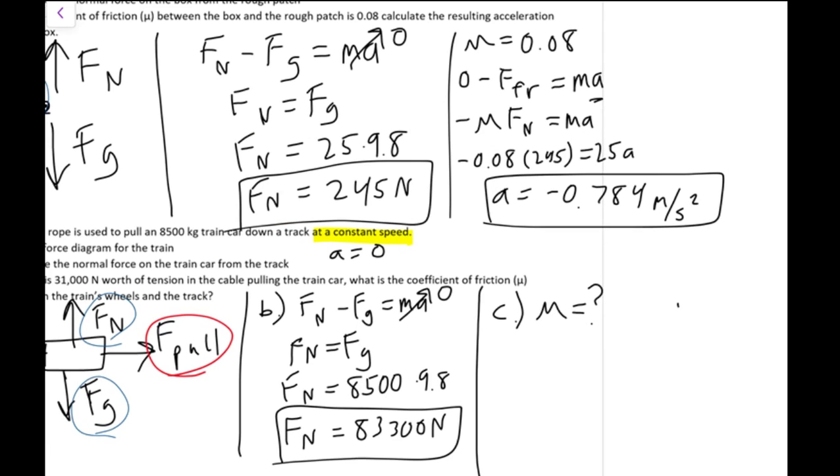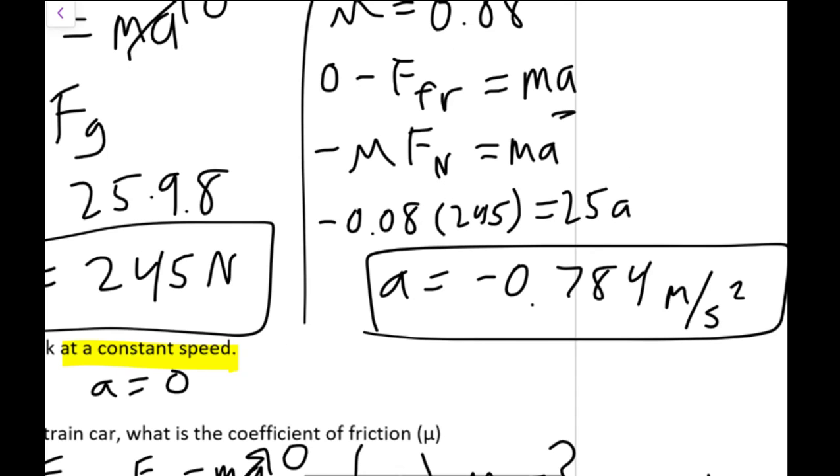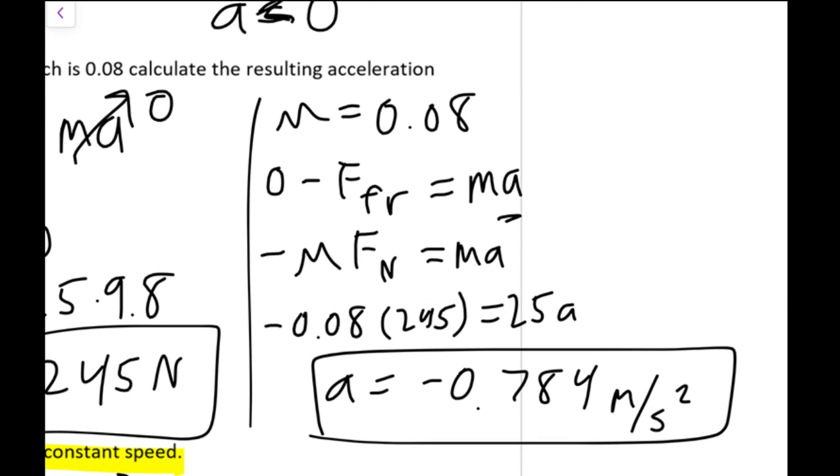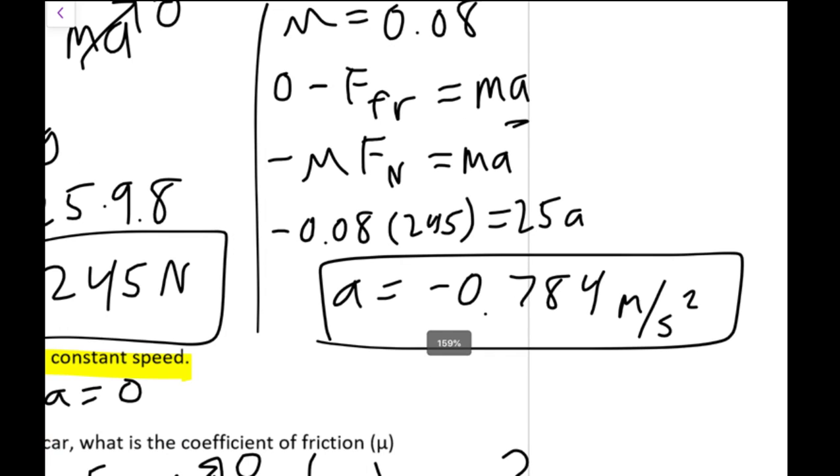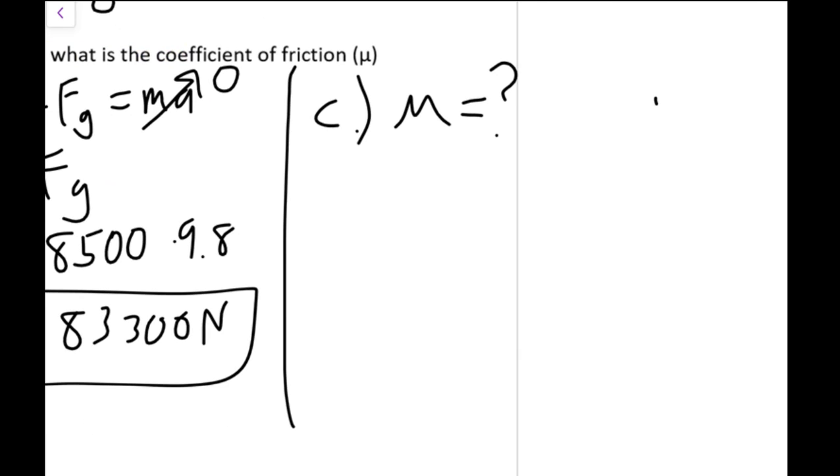Now, this is the same thing we did right here. The force to the right, there was no forces to the right minus friction equals ma. So I'm really just rewriting that. But this time, it's the pull force. So the pull force minus friction equals ma.